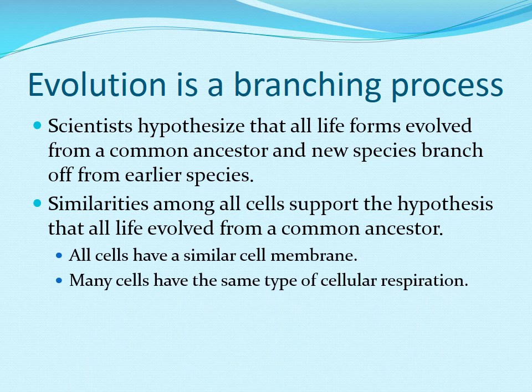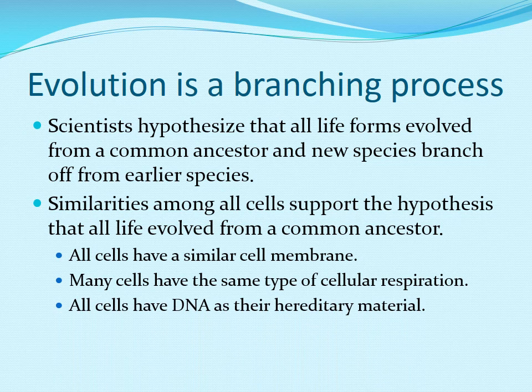All cells, or many cells, have the same type of cellular respiration to make energy for themselves, and all cells have DNA as their hereditary material. And these similarities make it easy for scientists to say, well, they're so alike, surely they all must have had a common ancestor.